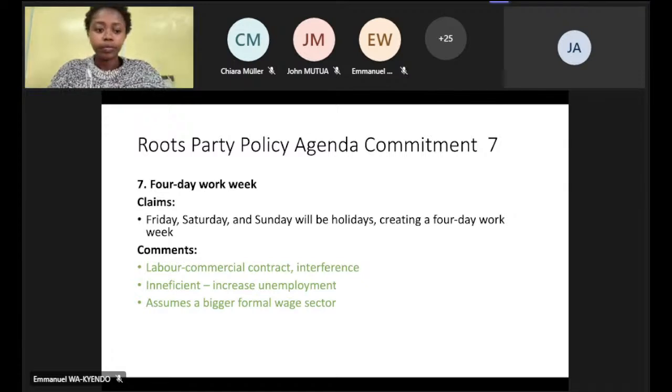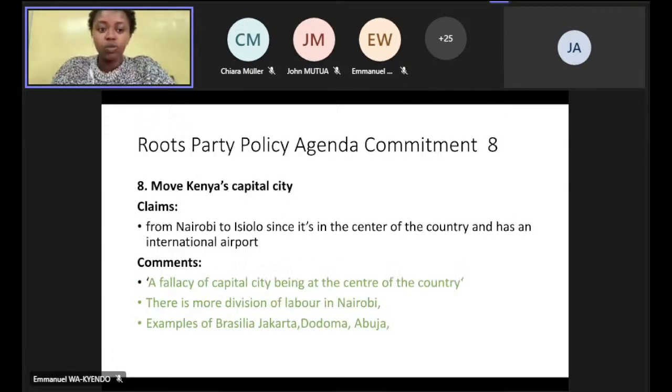And then the 8th one is to move Kenya's capital city from Nairobi to Isiolo due to the geographic centrality in the country, and also since it has an international airport. So this is a fallacy of the capital city being at the center of the country, because Nairobi already has more population.